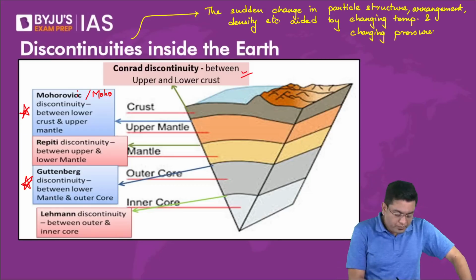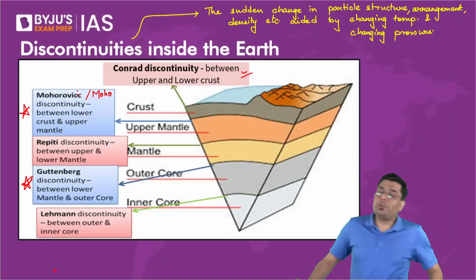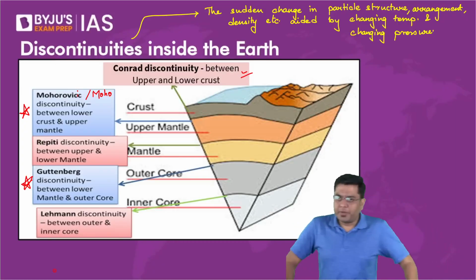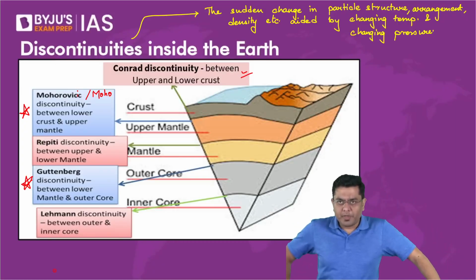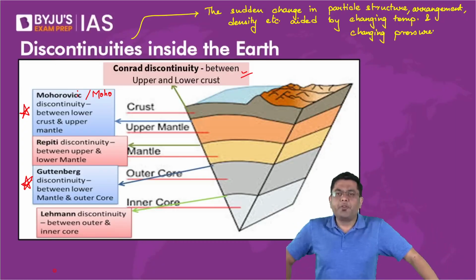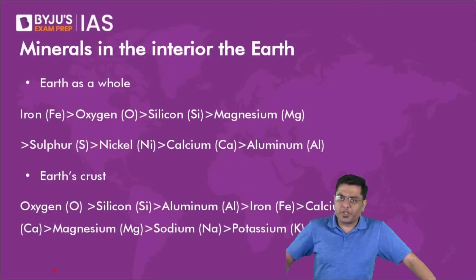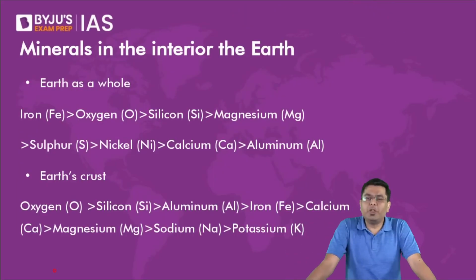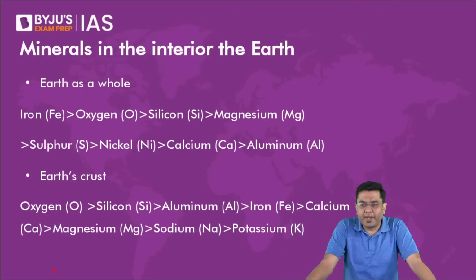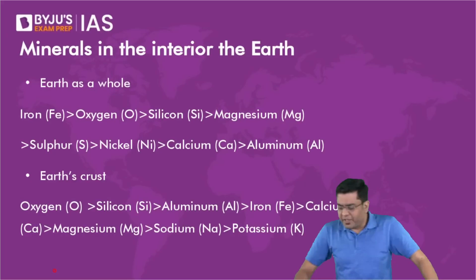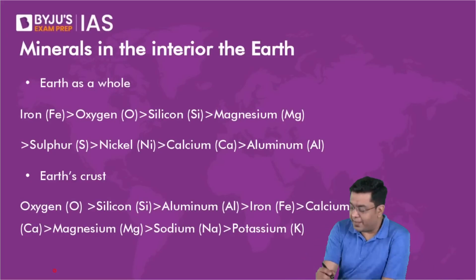Now, there is another area from where UPSC tends to ask questions in prelims, and that is about the abundance of elements present in the interior. When we talk about the various different elements present in the interior, their concentration varies. So this is relevant for your prelims examination.